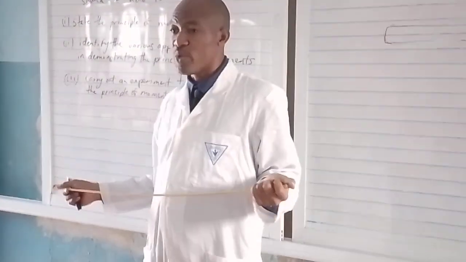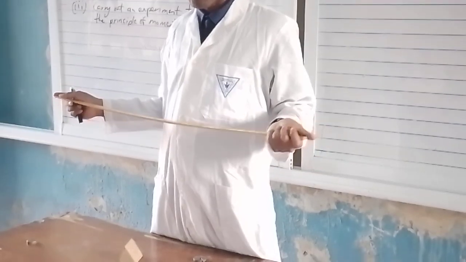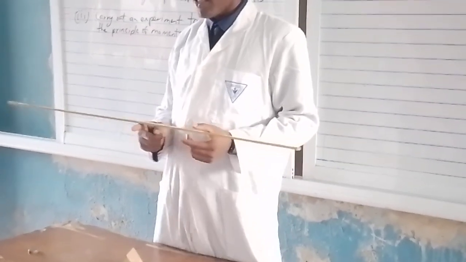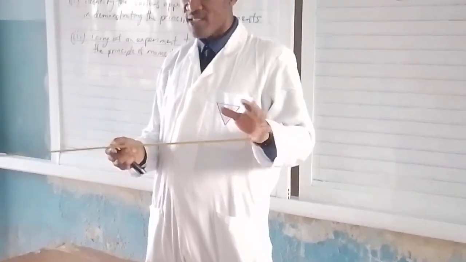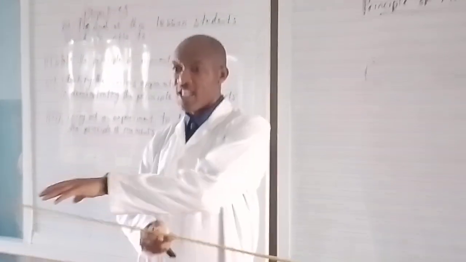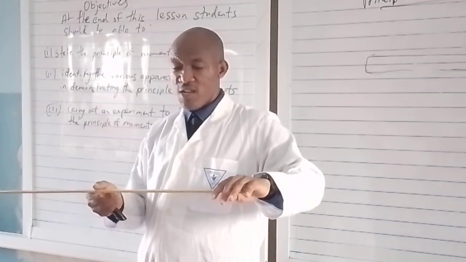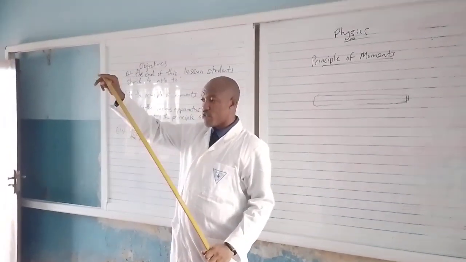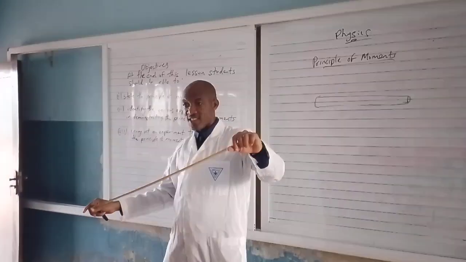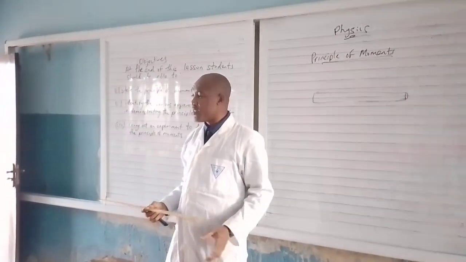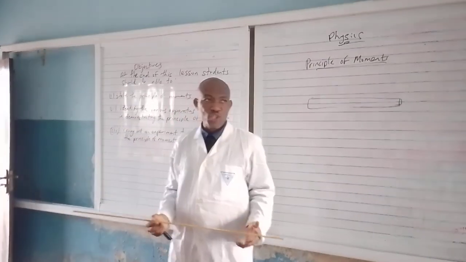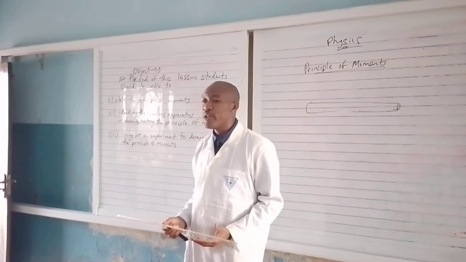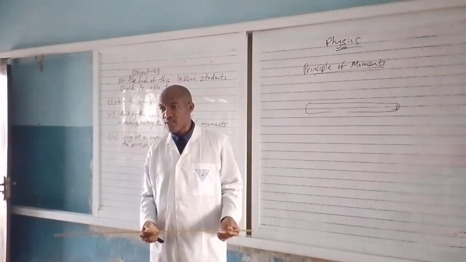One person stands here, another person stands there, and when the person comes here, this one goes up, unless someone is there to balance the person out. That principle, the science behind it, is what we want to look at in today's class. Without knowing, you are already applying the principle of moments.